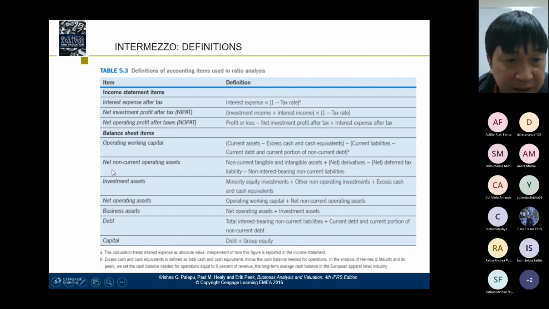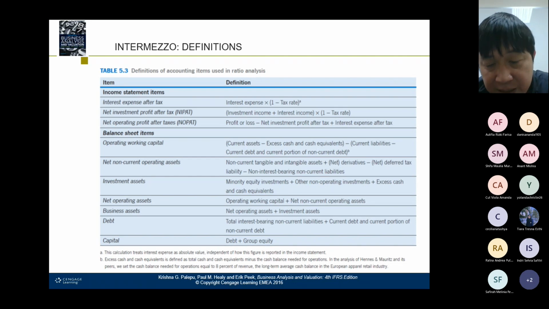Net non-current operating assets. Then the investment assets: minority equity investment, plus other non-operating investment, plus cash and cash equivalents. Net operating assets are operating working capital plus net non-current operating assets.